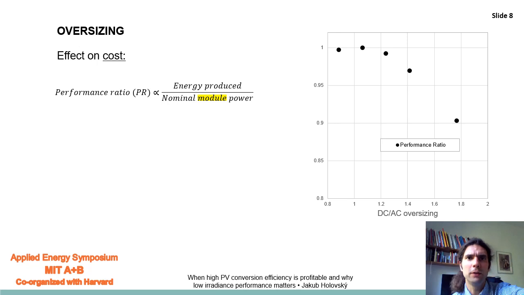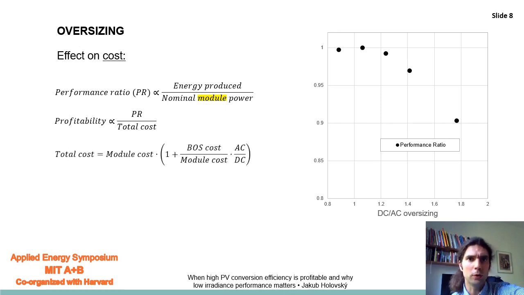That is the ratio between energy produced and nominal module power. Economic profitability will be then proportional to performance ratio divided by total cost. We already know that total cost is divided into BOS cost and module cost, and now we plug in also the factor of oversizing.